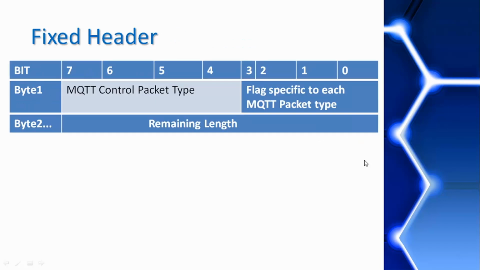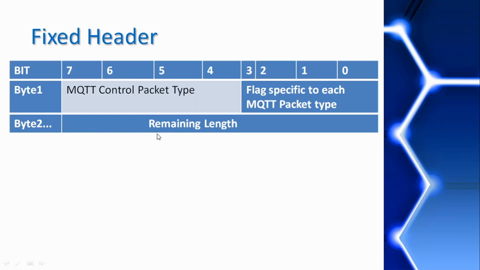This is the fixed header format. As you can see, there are 2 bytes. The first byte contains the MQTT control packet type and flags specific to each MQTT packet type, and the second byte holds the remaining length.